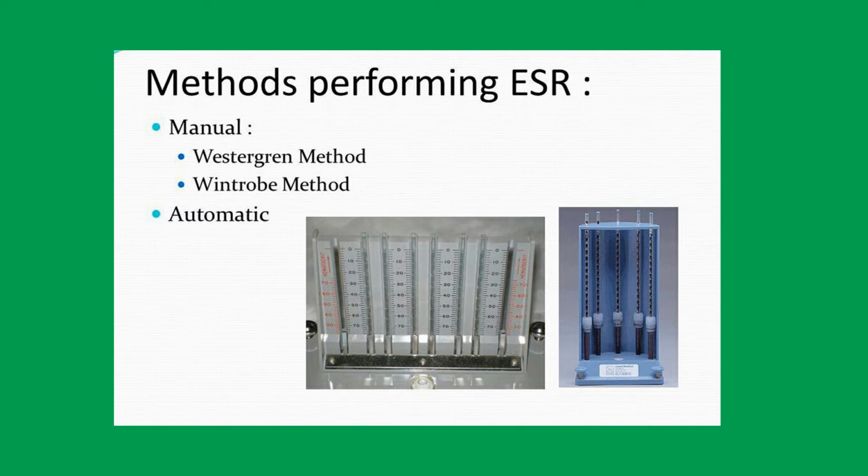There are a few methods in performing your ESR. Historically, ESR is done manually using your Westergren method and a Wintrobe method, based on the tube used in the procedure. But nowadays, we have several automated methods.